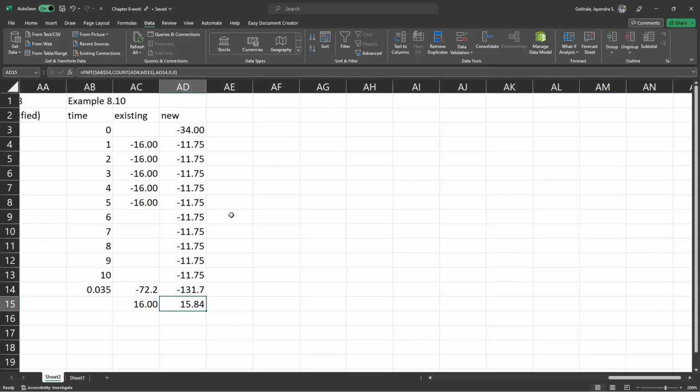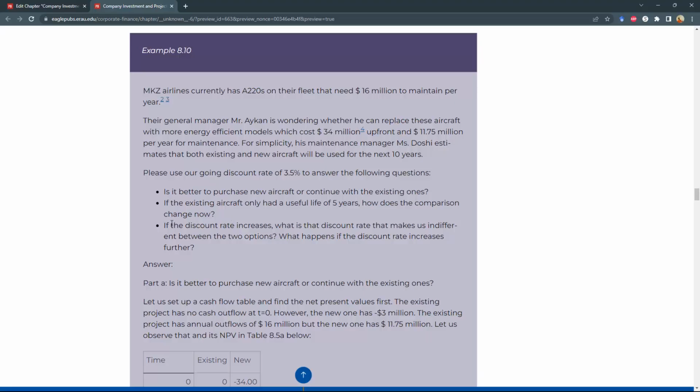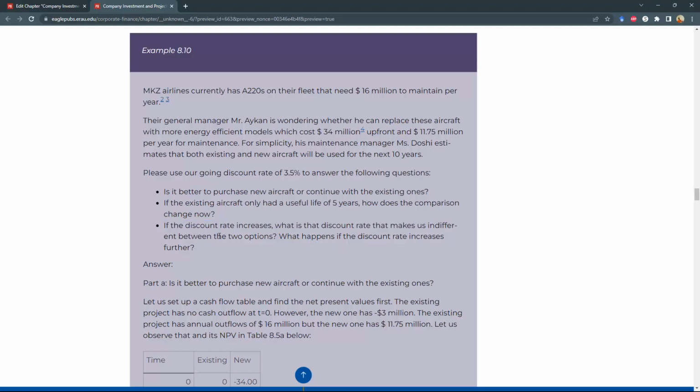So therefore, even though the life has become shorter, and the NPV for the new project has become more negative, we should still go with the acquisition of new aircraft, because its per unit annual cost is lower at 15.84 million. Okay, let's go to the third point. If the discount rate increases, what is the discount rate that makes us indifferent between the two options?